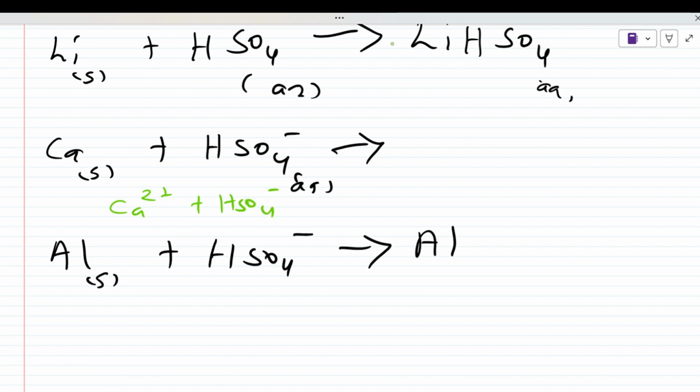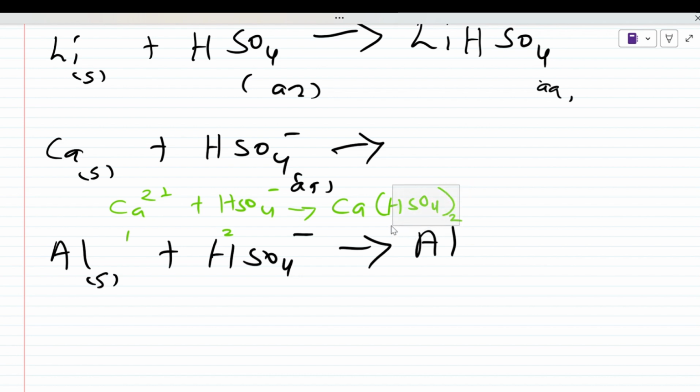When they interchange, 2 comes this side, 1 comes here. So at the end of the day, what are we going to form? We're going to form Ca into bracket H SO4, with the 2. That's what we must form at the end of the day. So that's what I'm coming to write here on top. Sorry, I missed that.